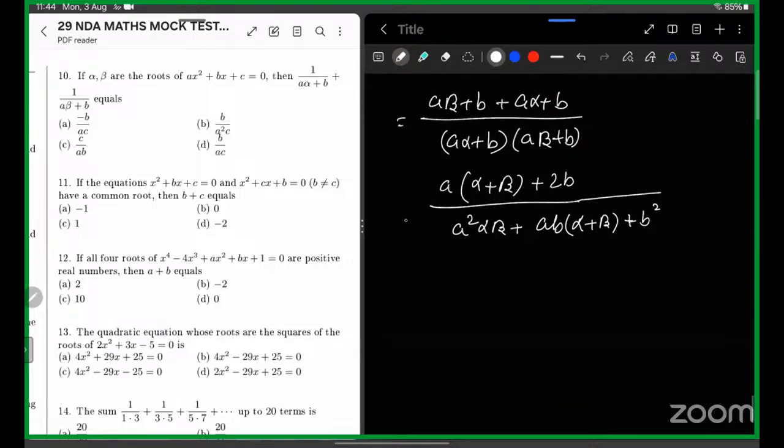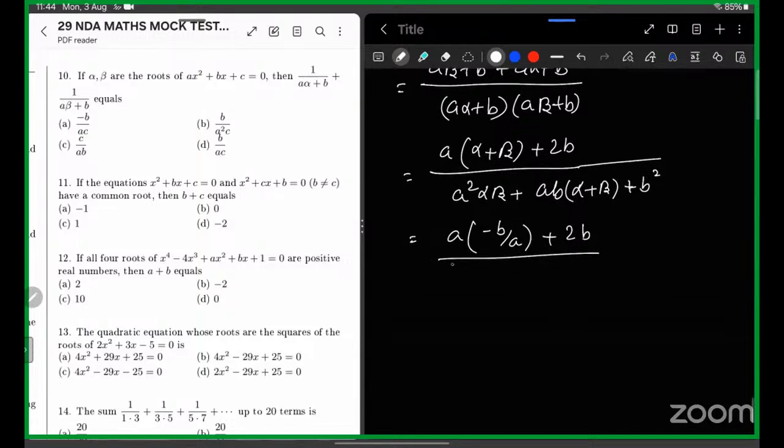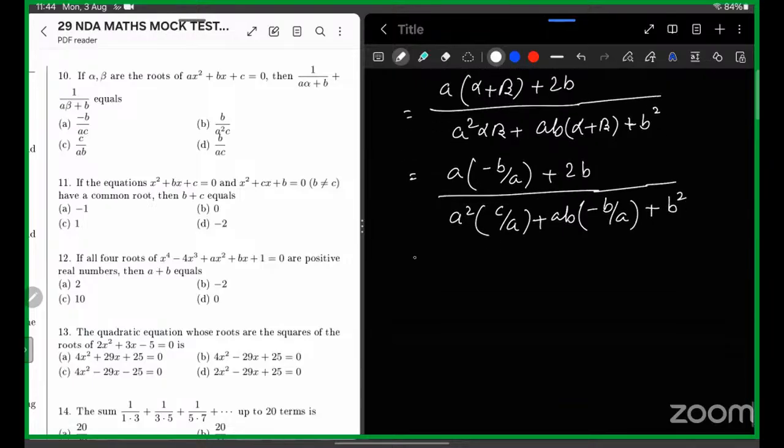So here I can take ab common. In bracket I can write alpha plus beta. Now put the values of all those. You are going to get minus b by a plus 2b upon a square into c by a plus ab into minus b by a plus b square. So this a and this a will get cancelled out, right?